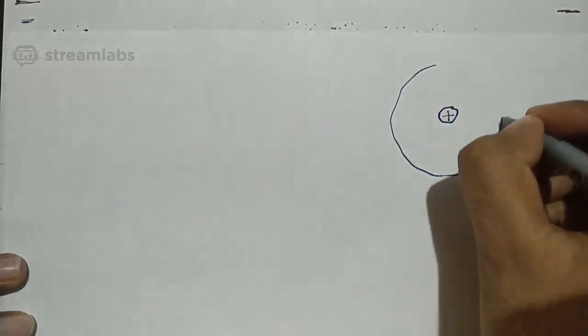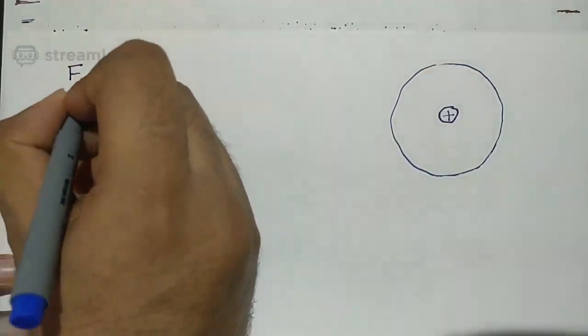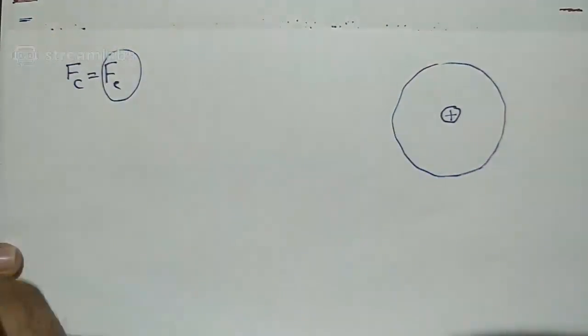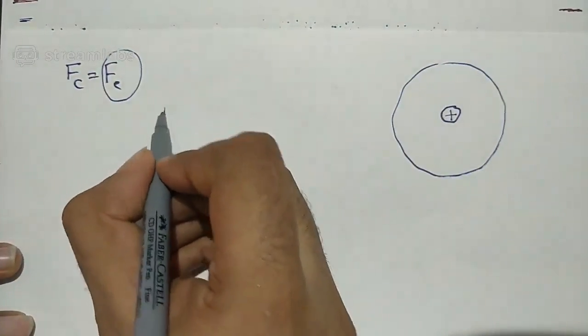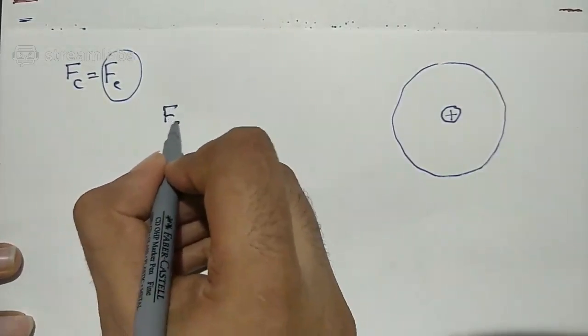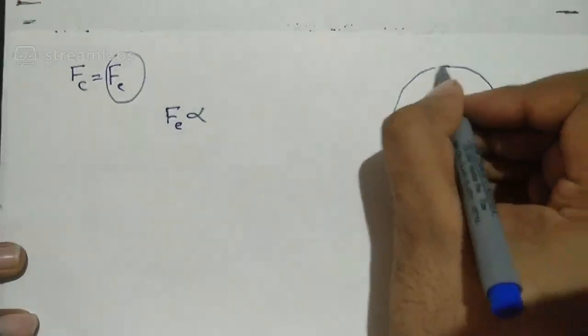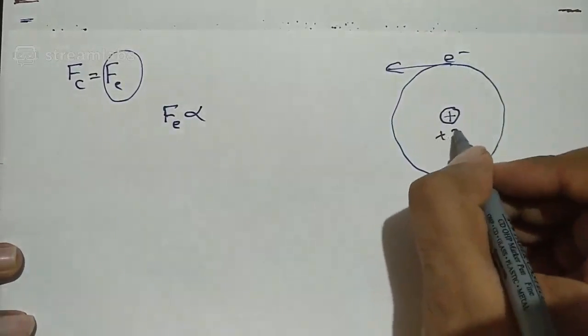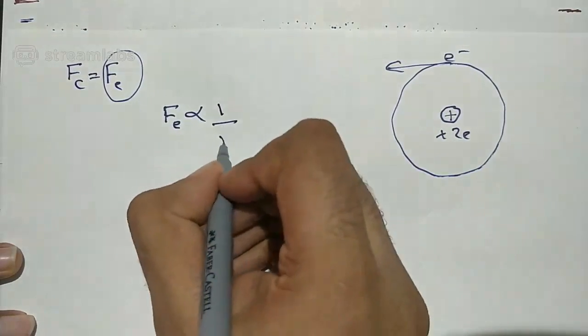I want to check to what level you have understood these points. So I have a simple question here that you have to answer in the next class. Here in Bohr's atomic model, Fc equal to Fe that we have taken, in that the electrostatic force between the nucleus and the revolving electron is inversely proportional to the square of the distance.